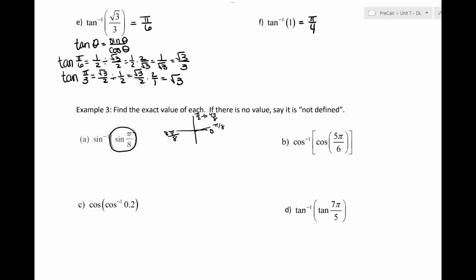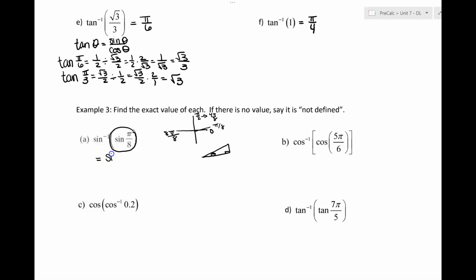Sine does exist in the first quadrant for the inverse functions. Okay, so sine of pi over 8 gives us some angle measure. Okay, and if I were to draw the triangle in the first quadrant, it would look like that.